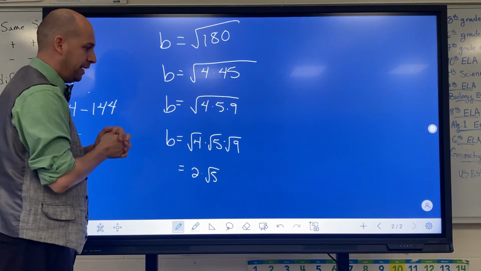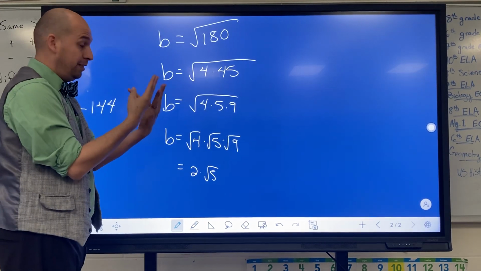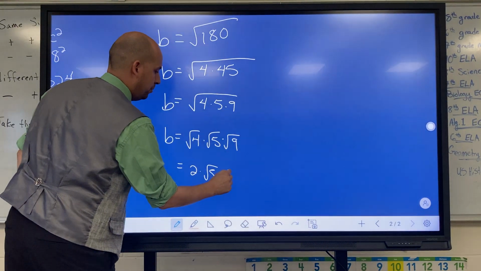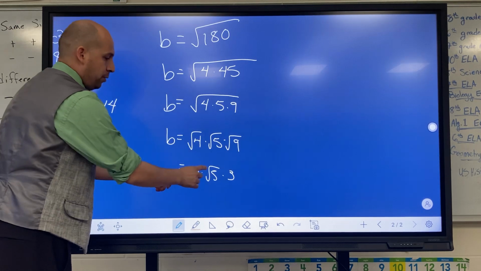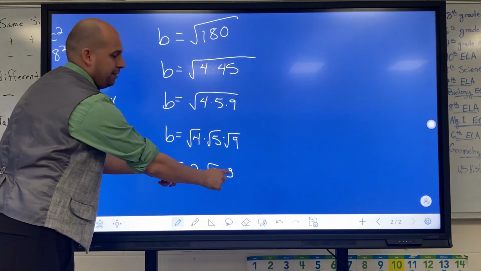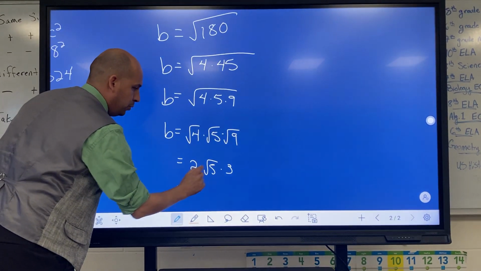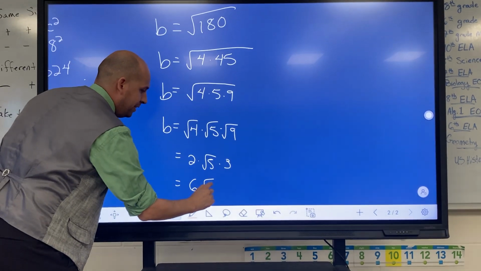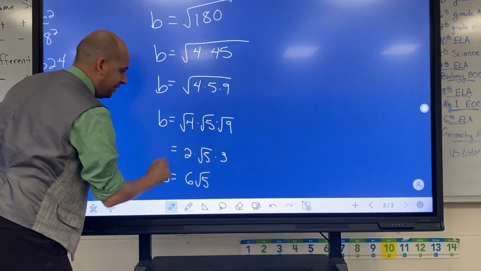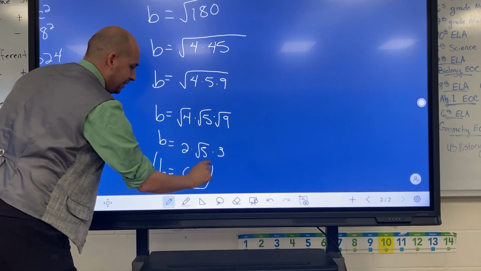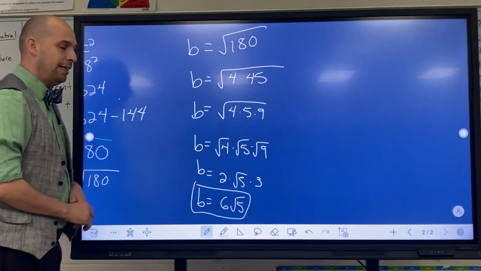It's a prime number, and I can't do that. But 9, 3 times 3 equals 9. So I can do times 3. So now the numbers that are not in the radicals, I'm going to multiply together. 2 times 3 is 6. And the number inside the radical, I'm going to keep exactly the way it is. And that would be the length of that other side that we had there.